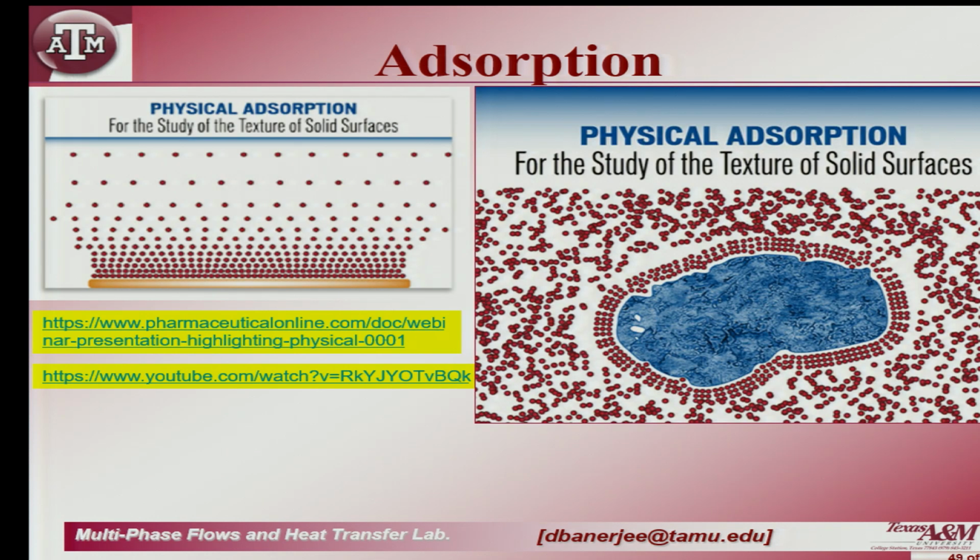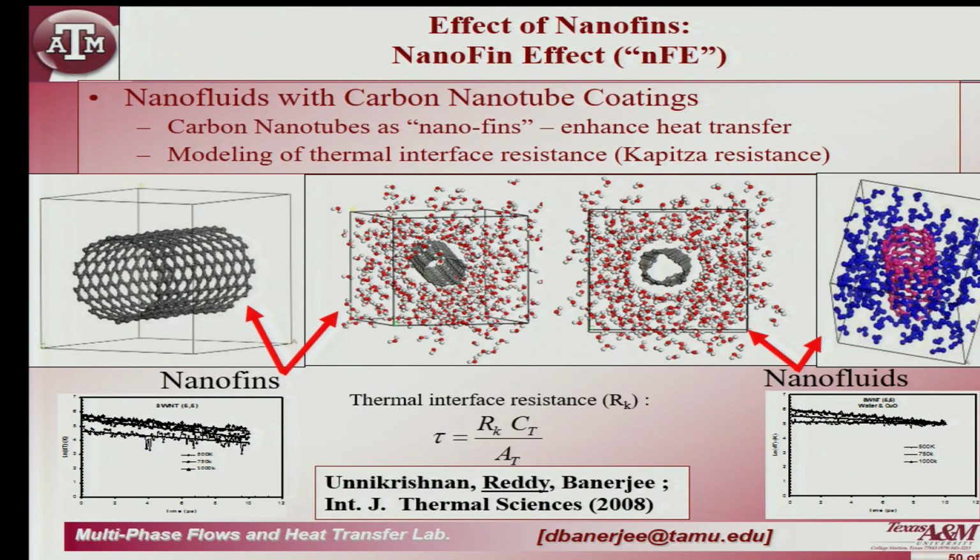So, even though in the bulk the fluid molecules are spaced far apart, near the surface they start layering up and forming an ordered structure, and that ordered structure is very similar to that of ice or the solid phase of that liquid solvent. And so, in other words, this adsorption causes a mechanism for trapping energy or storing heat.